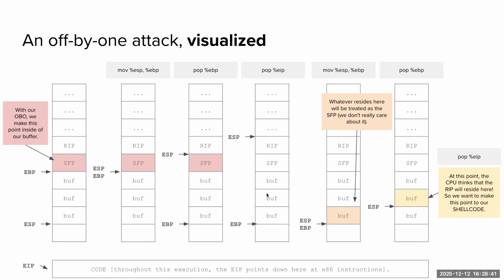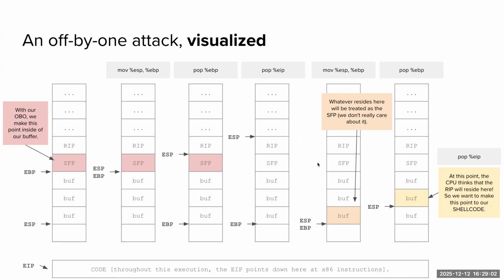The next step still executes, and while we're executing this program, we don't notice anything wrong. We're just following the steps of the calling convention. The next step is pop EIP, so we set the instruction pointer to whatever our RIP was, and we start executing in main again. That's perfectly fine.